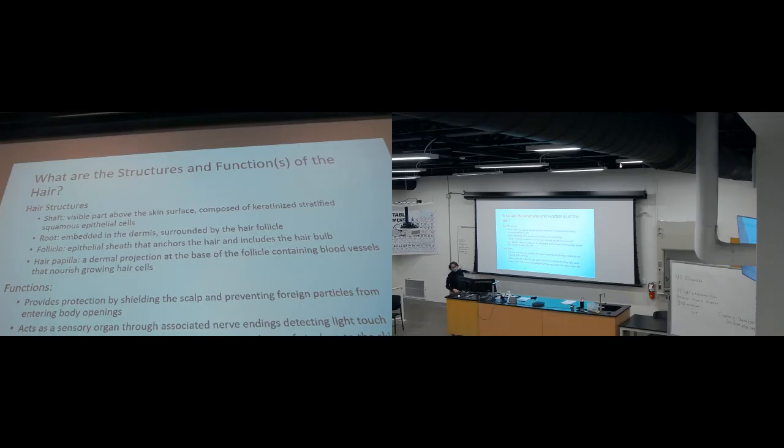You don't need to do that experiment. Even if you close your eyes and blow air on the surface of your skin, it will tell you that you have light touch, or you can rub your skin. Hair also plays a minor thermoregulatory role by trapping a layer of air close to the skin.